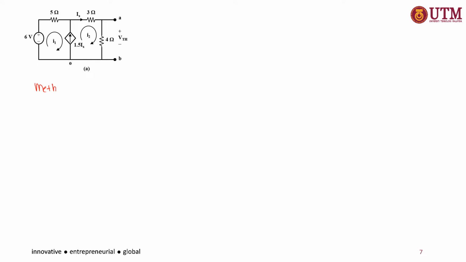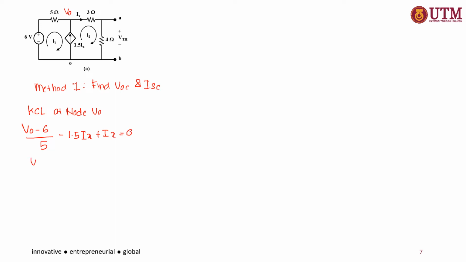This is method 1 to find the R equivalent, where we find the V open circuit first and the I short circuit. From this circuit, we need to find the V naught first. At this V naught, we can apply KCL, where V naught minus 6 divided by 5, minus 1.5 Ix, plus Ix equals 0.